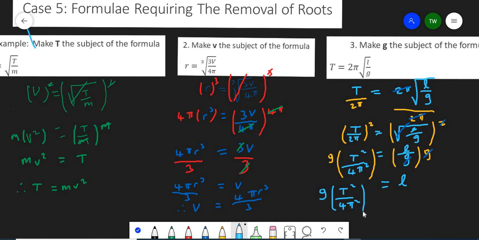Right? Now we have one final thing to do. We need to get G by itself. You have to remember that. Now this fraction here, which is T squared over 4 pi squared, is multiplying G. In order to get rid of this fraction, or to transpose it to the other side, we can do the opposite, which is to divide both sides by the fraction.